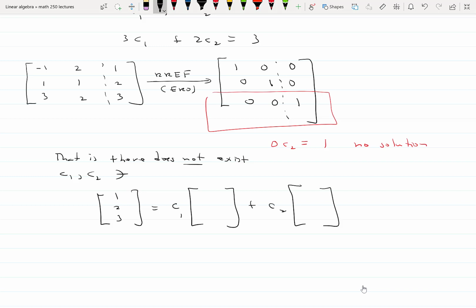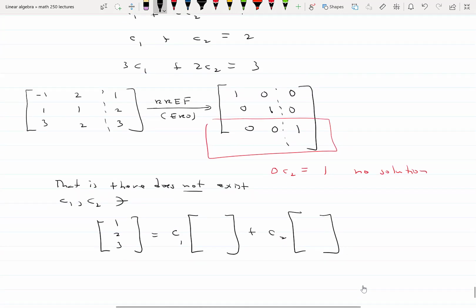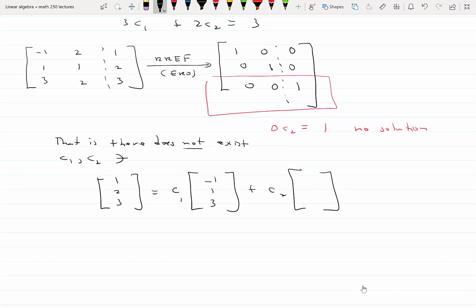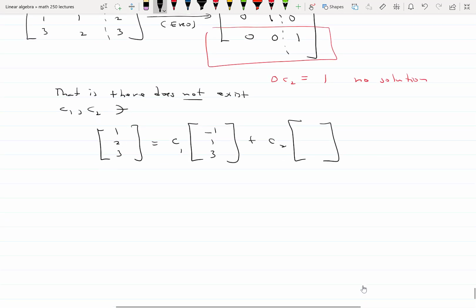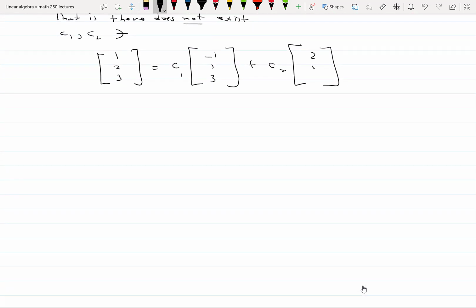We cannot possibly find constants to make this work. The other one was 2, 1, 2. That means 1, 2, 3 is not in the span of those two vectors.